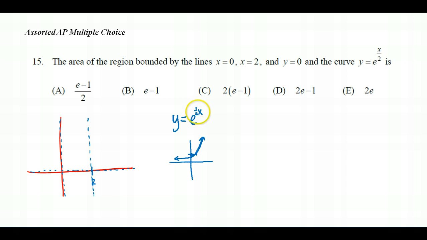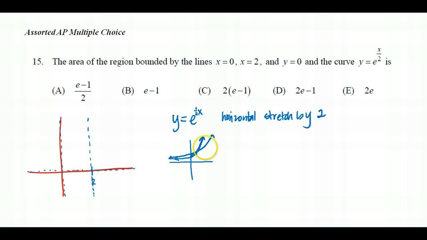So a 1/2 in front of the x, since that number is between 0 and 1, the number 1/2 is going to give me a horizontal stretch by the reciprocal of this number by 2.